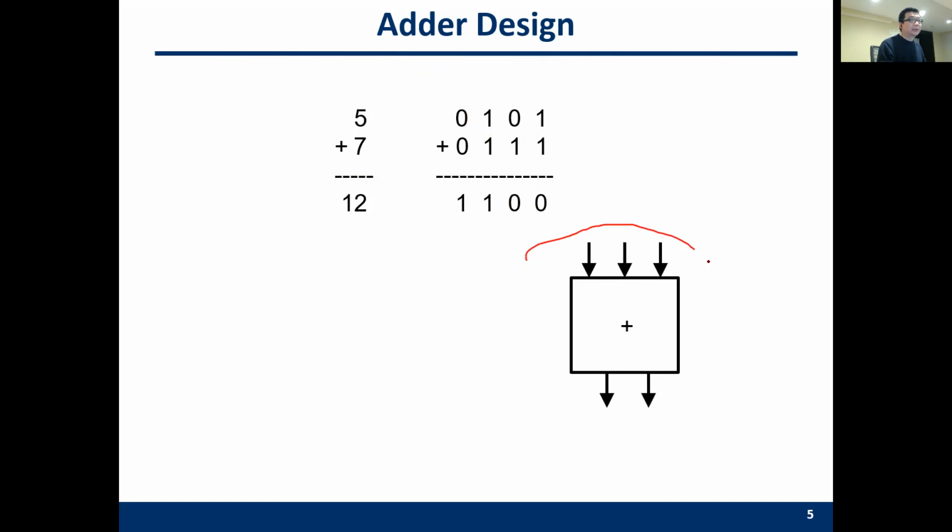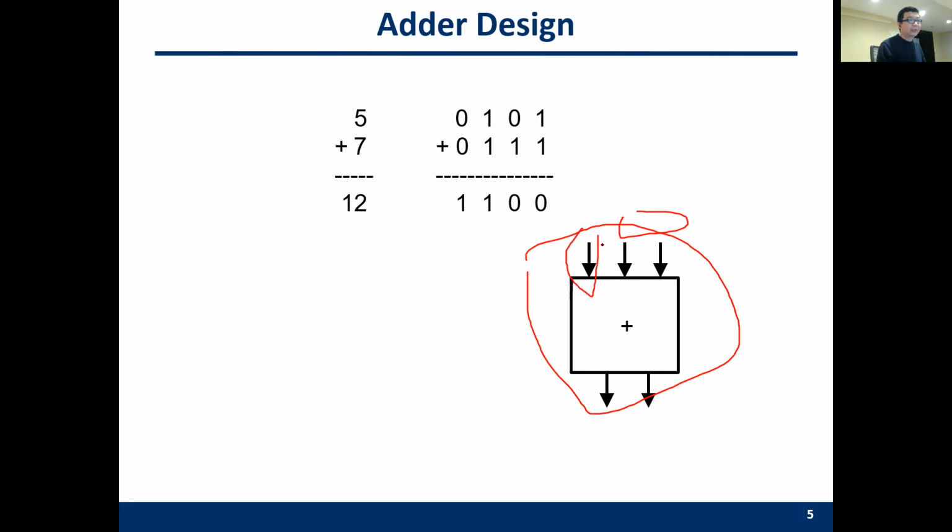And then we can draw the adder like this. This is a 1-bit adder. For the 1-bit adder, we have a full adder. The full adder has 3 inputs, I'm sorry. Two inputs are the operands, and the other one is the carry in.